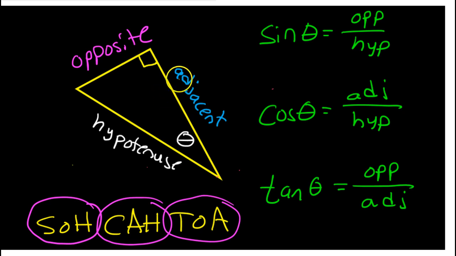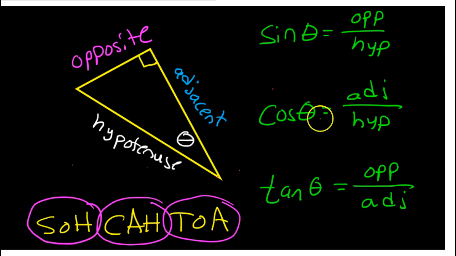Now, armed with those words, you can define sine, cosine, and tangent of the angle. Sine of the angle will be the opposite leg over the hypotenuse. Cosine is adjacent over hypotenuse, and tangent is opposite over adjacent. To make it easier to remember, we will sometimes just use Sohcahtoa.